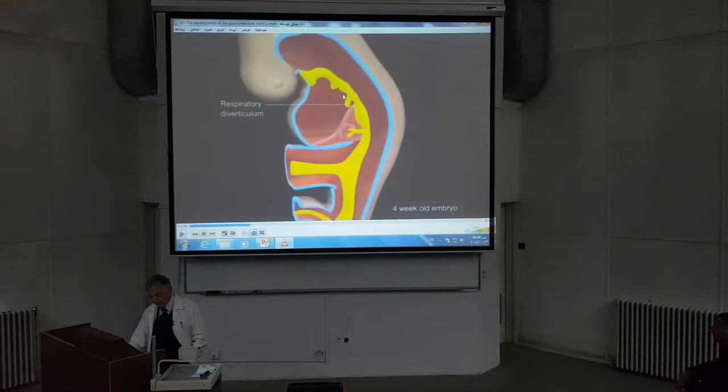And you can see there are different structures developing from the tube. The respiratory system is going to be developed from the upper part of the esophagus as a bud that comes out, and then a septum is created so that the trachea is now separate from the esophagus.